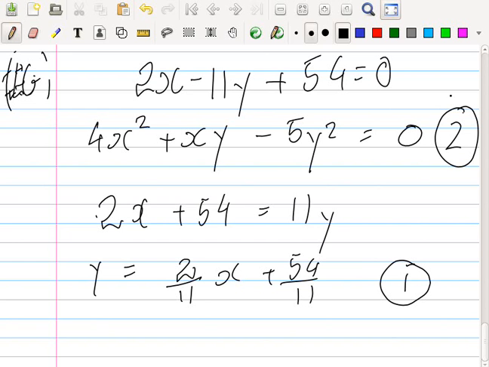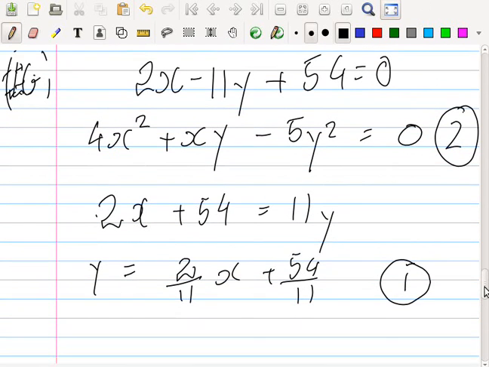Okay, so I'll make a bit more space here. Just like before, I'll put this in here for y. So this is getting substituted in here for y.